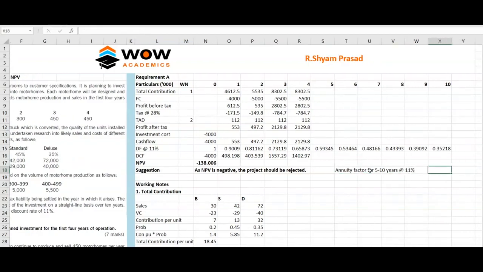So how do we get that value? We just add them from here to the end. So we got a number, 2.786.